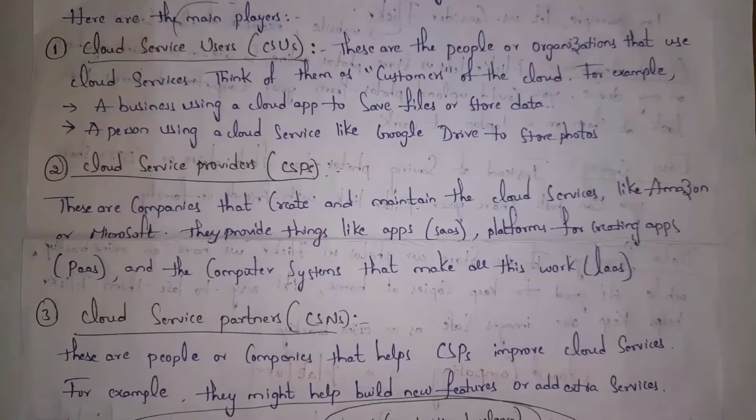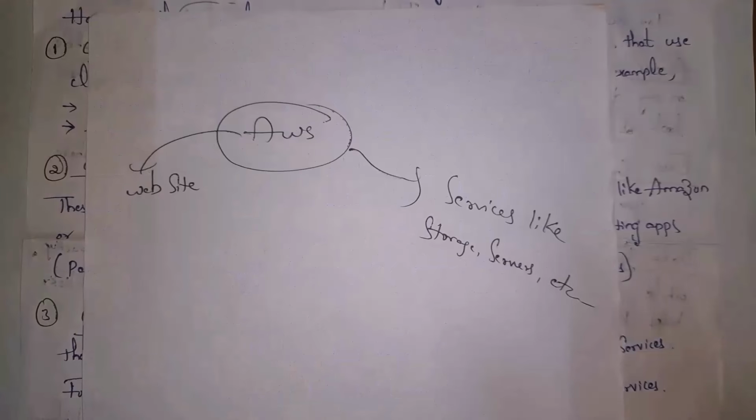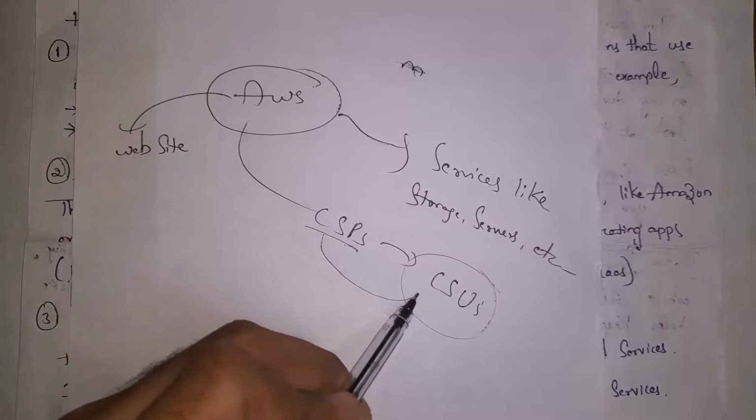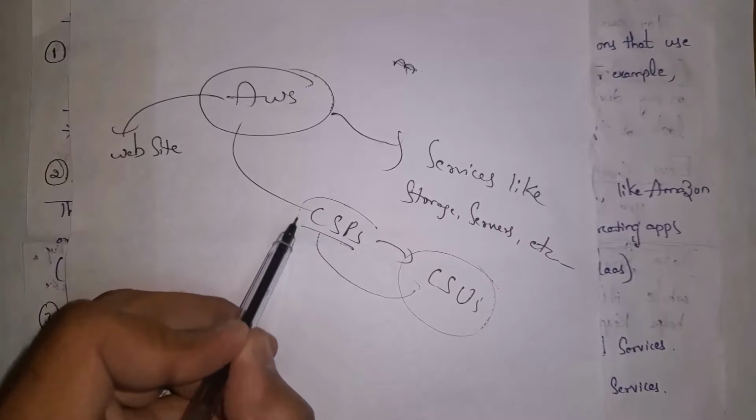And the second player is cloud service providers. These are companies that create and maintain cloud services like Amazon or Microsoft. Guys, for example, if you consider the AWS website, AWS is a cloud-based website developed by Amazon. AWS will provide various kinds of services like storage, software, hardware, servers, etc. So companies which provide services to cloud service users, we call those companies cloud service providers.